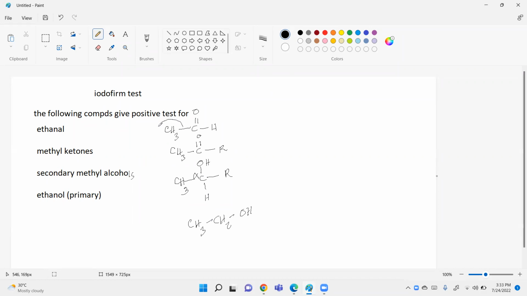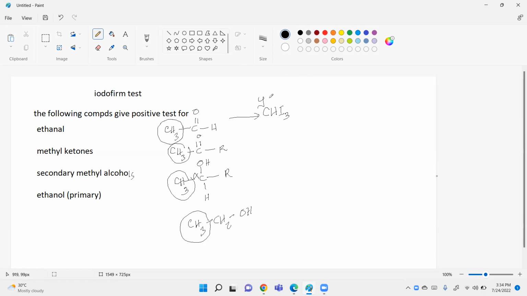Here we have a CH3 group attached next to the functional group. During these reactions, the CH3 comes out of the molecule and it produces CHI3.